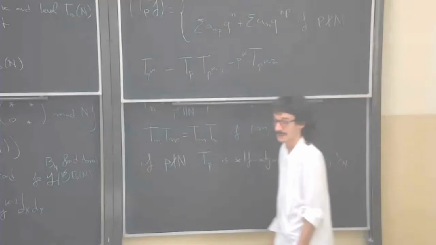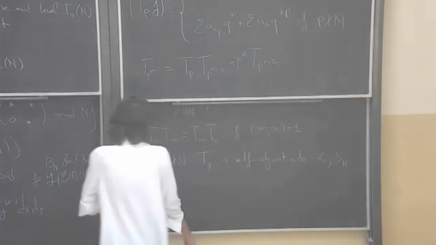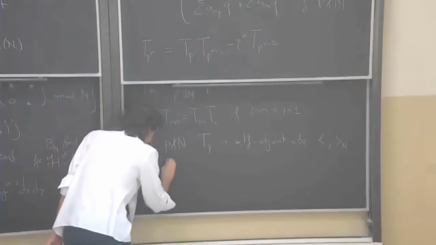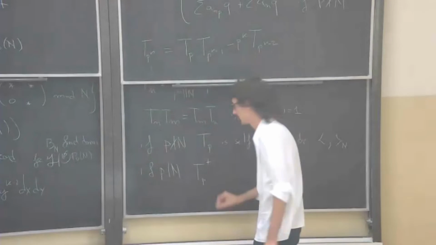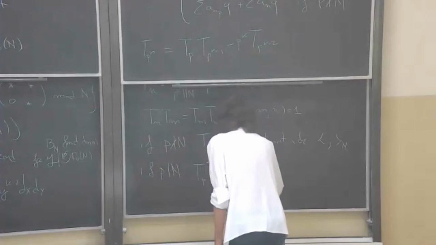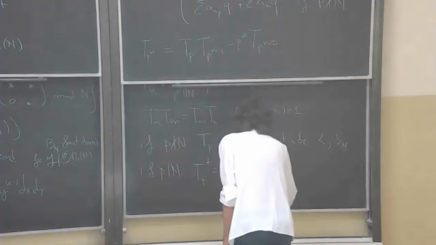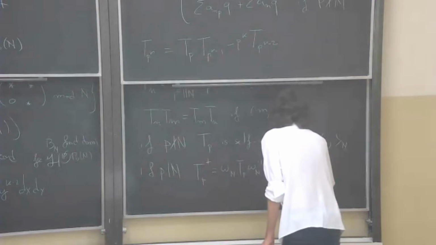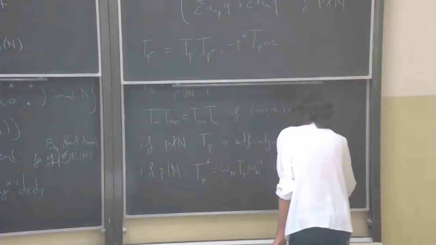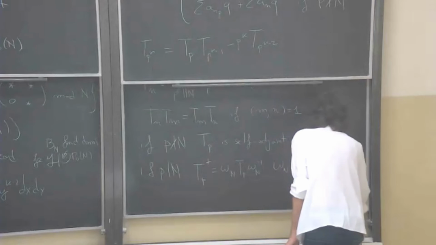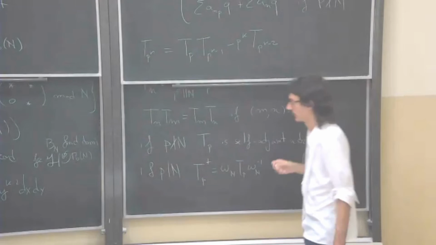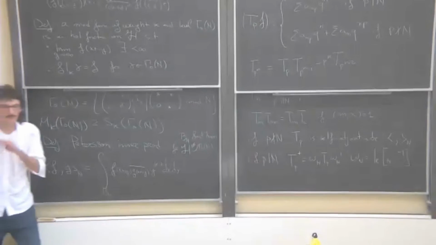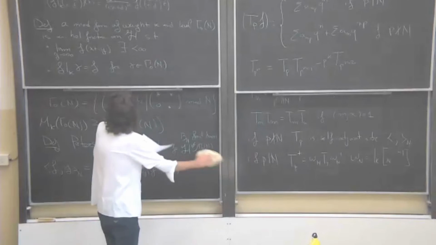And for completion, and as an excuse to introduce this thing, if p divides n, the adjoint of Tp is going to be Wn Tp Wn inverse, where Wn is defined as the slash k operator with this matrix, which is called the Fricke or Atkin-Lehner involution of level n, and it's going to be useful later.